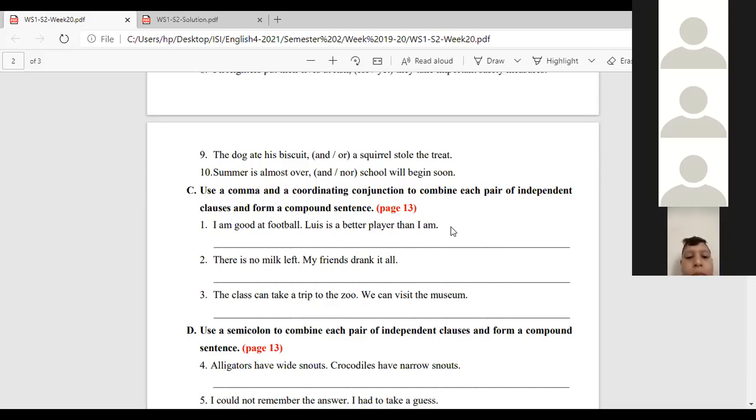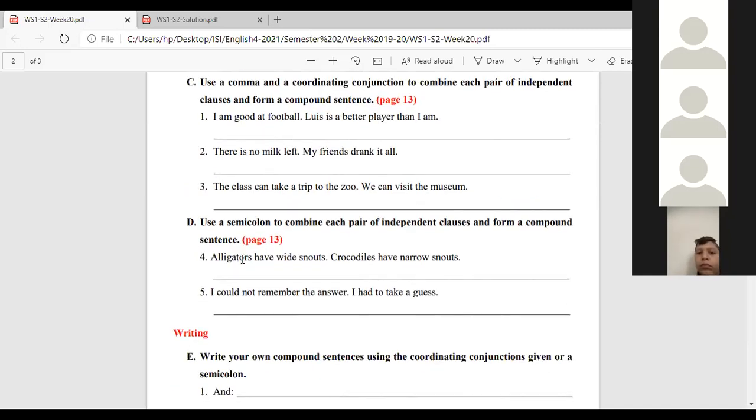You have to choose which coordinating conjunction to use based on the meaning of the sentence. In D, you have to use just a semicolon to combine both sentences together to make one compound sentence, okay? In exercise D, you have to use a semicolon, but in exercise C, you have to use a comma with a coordinating conjunction.